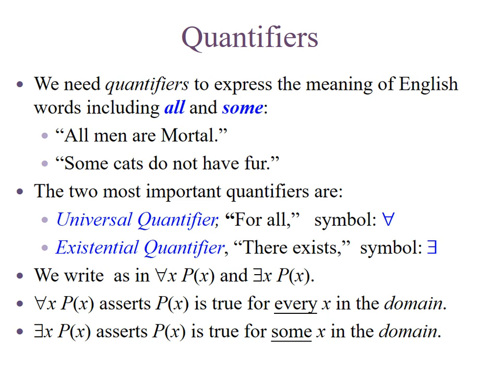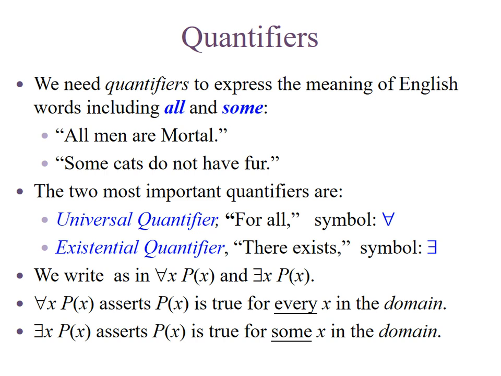If we say for all x, P of x, that means you can examine all elements one by one within the domain that makes P of x. So when we say for all x P of x, that means for every element within the domain, P of x is true.